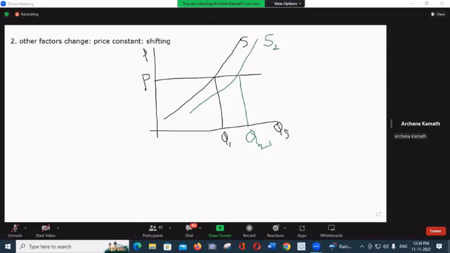And the leftward shift of the supply curve is Q3, leading to the lesser supply quantity S3. Okay. Fine. What could be the possible reason for rightward and leftward shift?